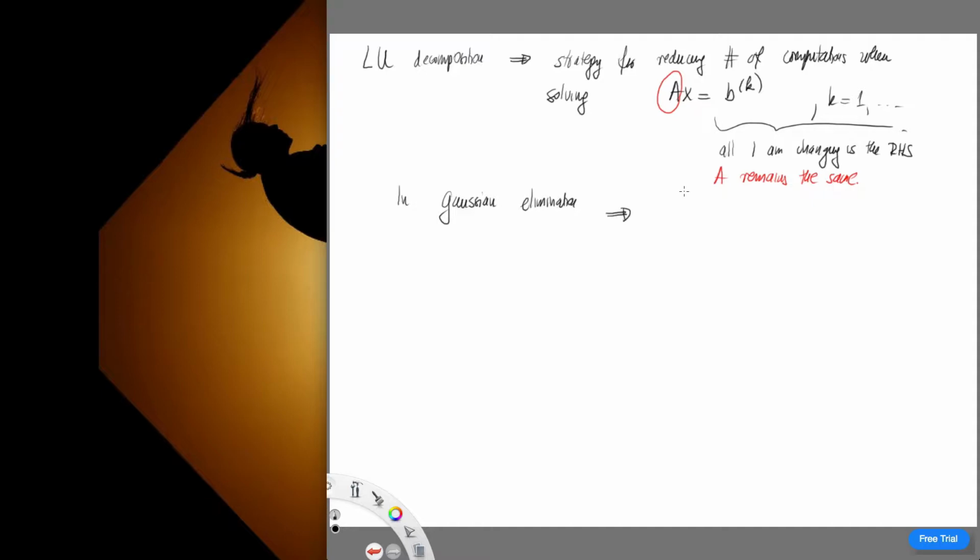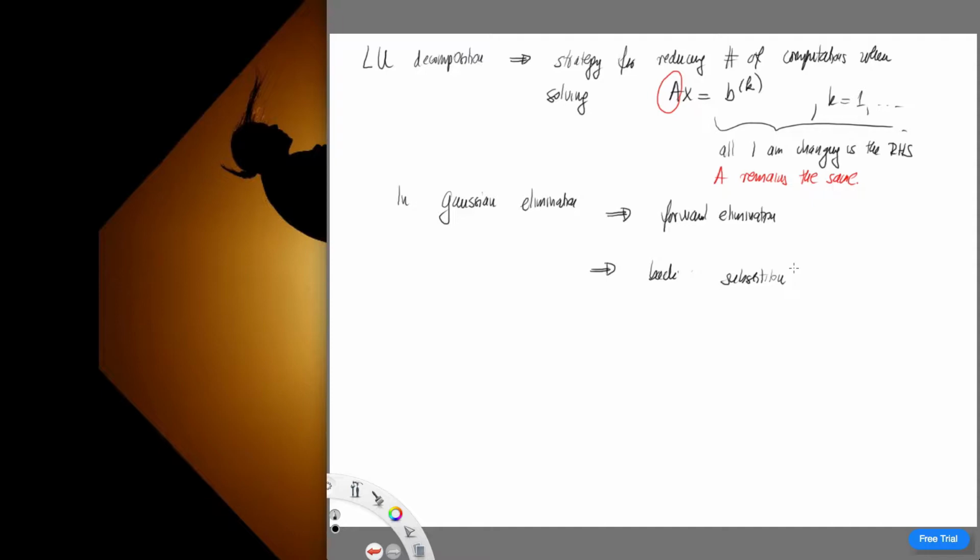We would first have forward elimination, and then we would have back substitution, or backward, same thing. So those are the steps that we do when we actually solve the system by Gaussian elimination.